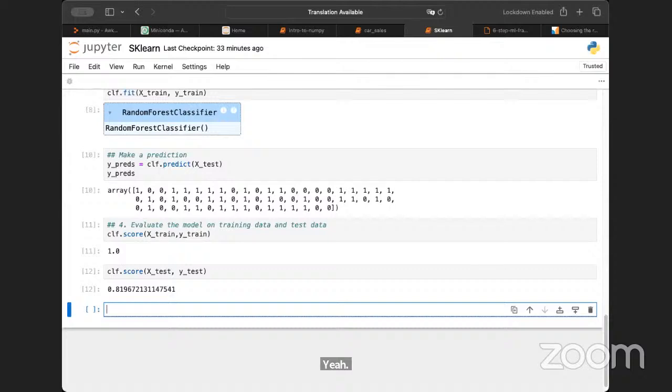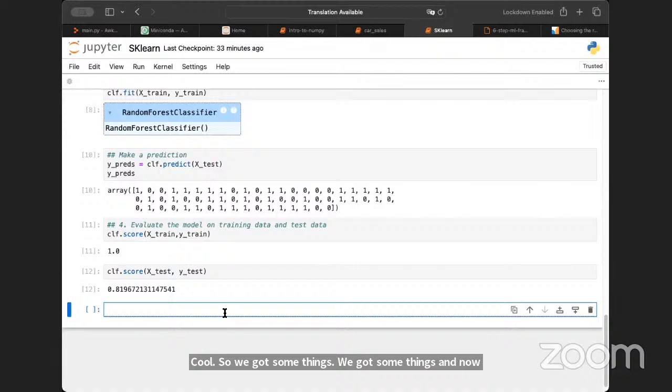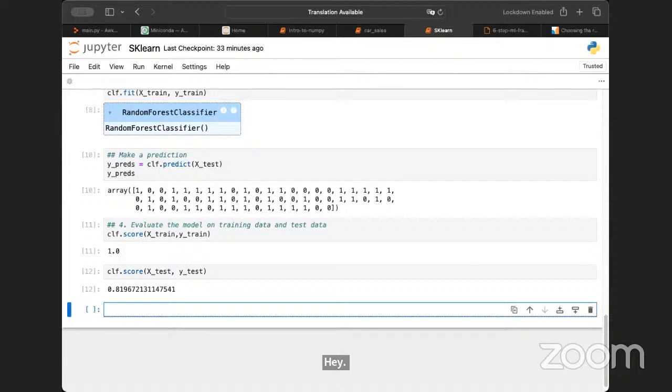Cool, so we got some things. What we did is calculate scores. Now, let's get the confusion matrix.